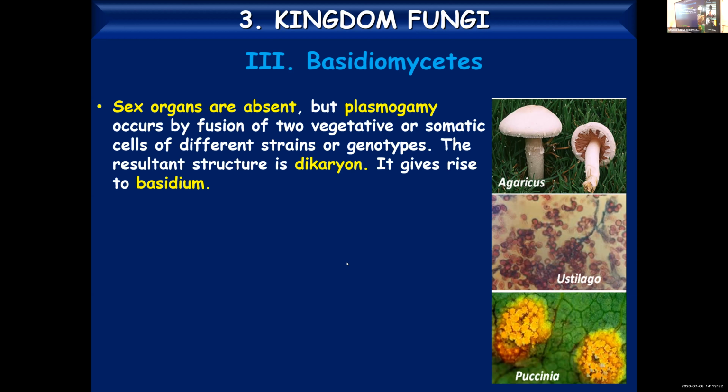It can be motile or non-motile, but here sex organs are absent. But still, plasmogamy, the first step in sexual reproduction, takes place by the fusion of two vegetative cells. So two vegetative cells, or two somatic cells, will come and fuse together and result in plasmogamy.